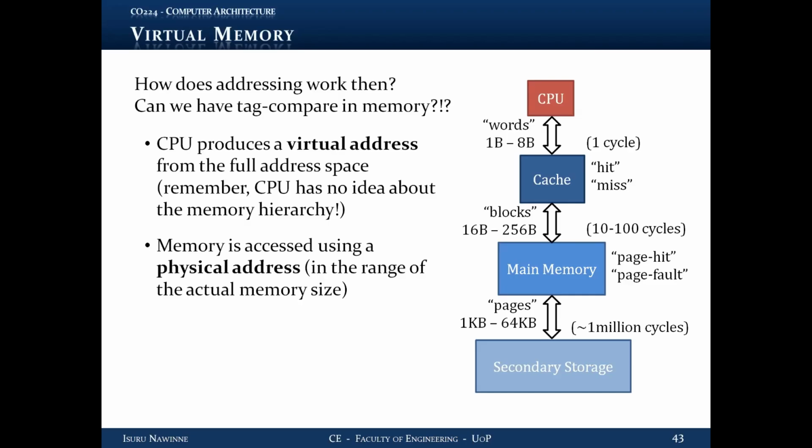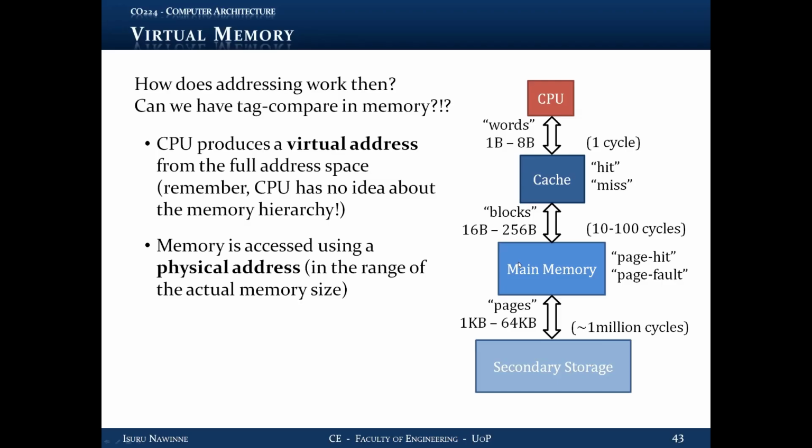As the associativity grows, the number of parallel comparators you need grows. The number of comparators increases with the associativity of a cache, and we say it's not feasible to have fully associative caches if the cache is really large.